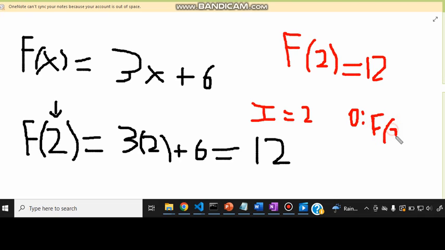Sorry, I'm just using my mouse, so it can be quite awkward to draw. F of 2, or it can be 12. So the input is 2 and the output is 12, or the output is f of 2. Okay, so hopefully that makes sense.